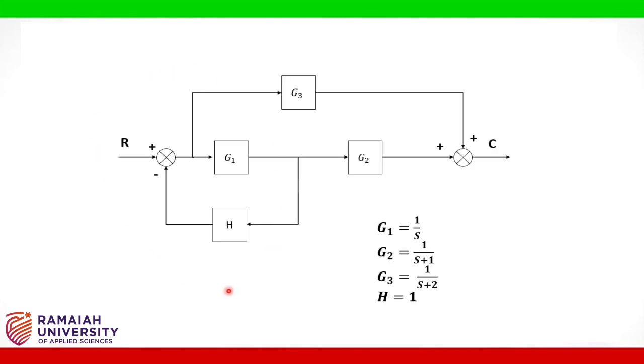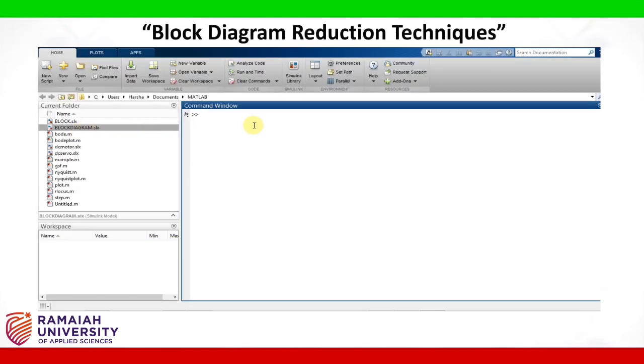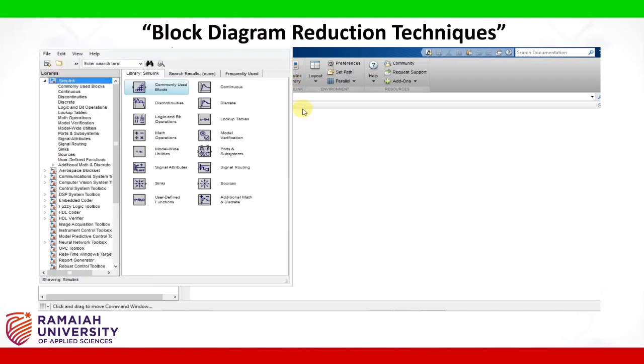Now consider this block diagram and plot it in Simulink. Go to Simulink library. Go to File, you can see the Simulink library browser, go to File, New, Model. So you can see a new window.